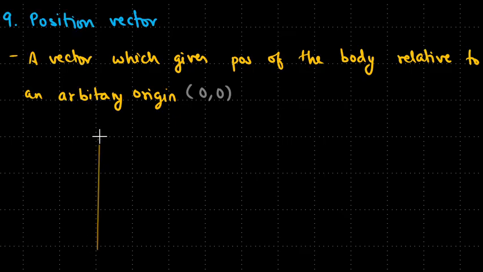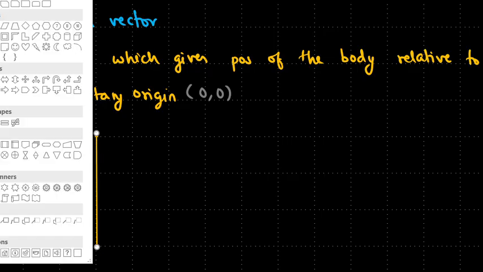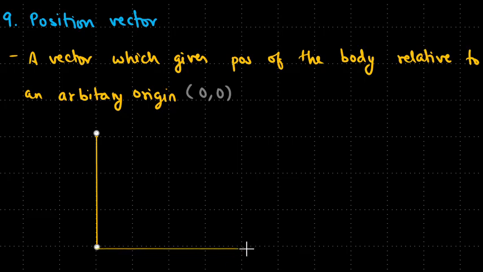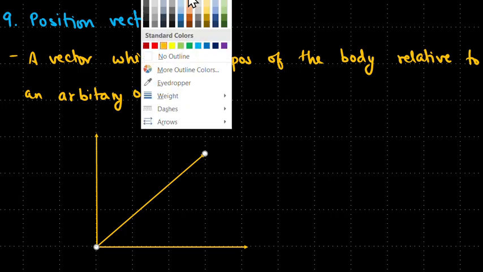So let's take some axis. Suppose this is one axis and another axis. So suppose there is a vector like this. We only kept two axes because I just want to explain the concept.